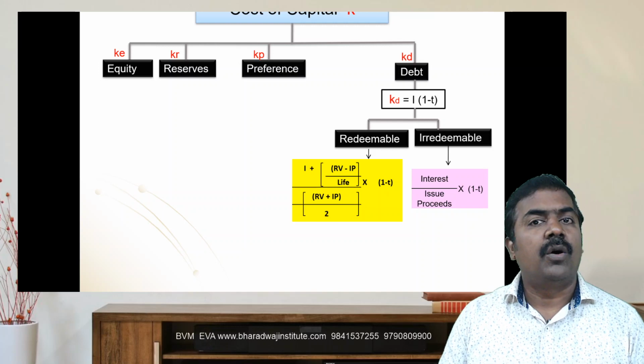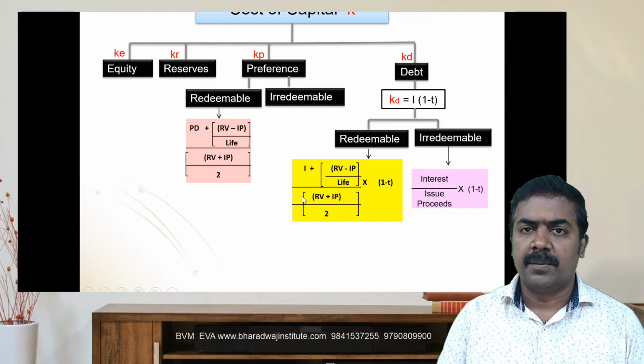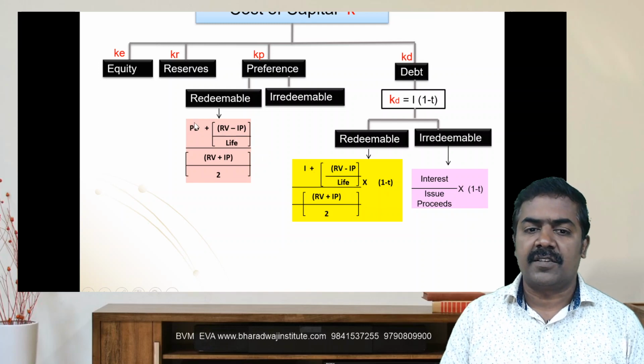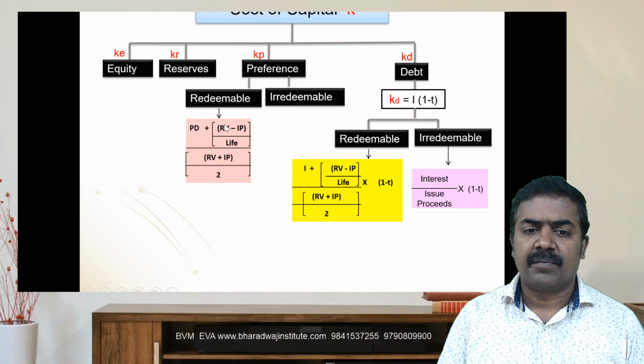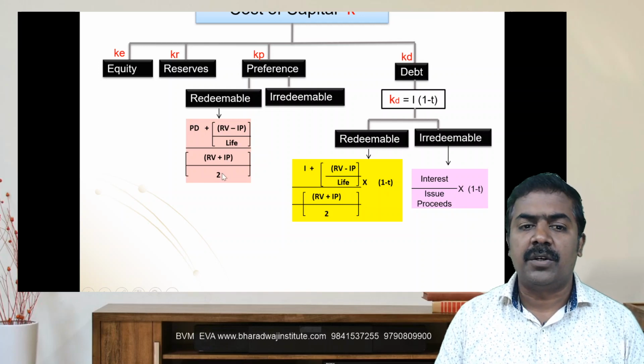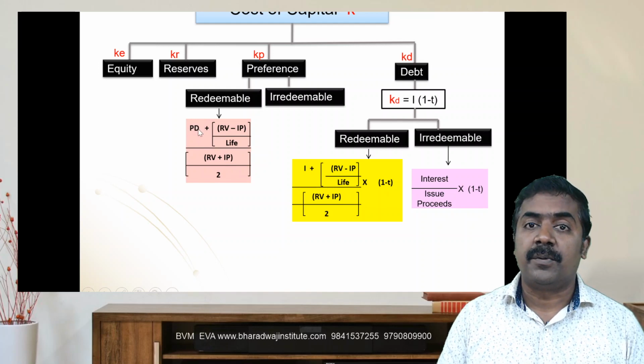Then how to work out cost of preference shares? This also can be redeemable or irredeemable. Simple. Only difference is preference dividend is not saving any tax. Preference dividend plus RV minus IP by life divided by RV plus IP by 2. If there is a corporate dividend tax, there is an additional burden which you will add it with preference dividend.